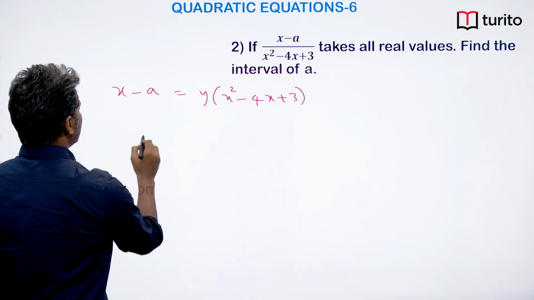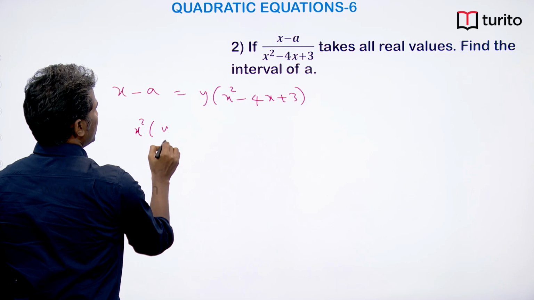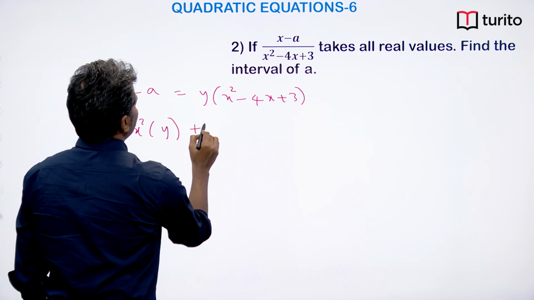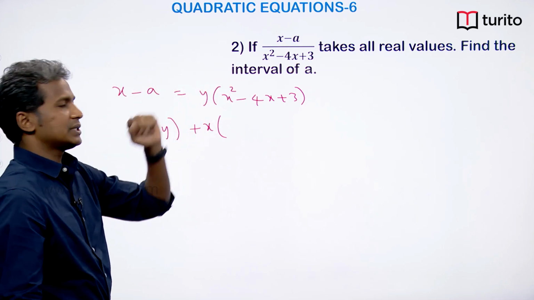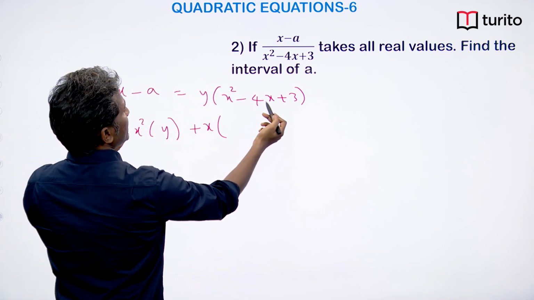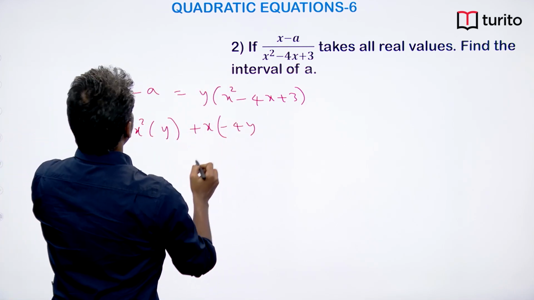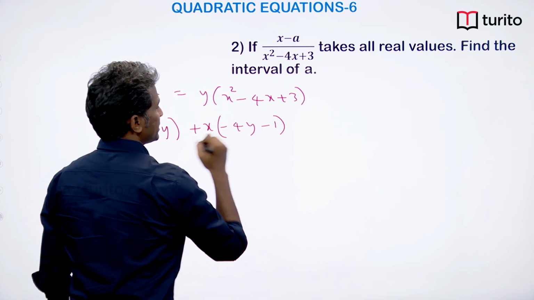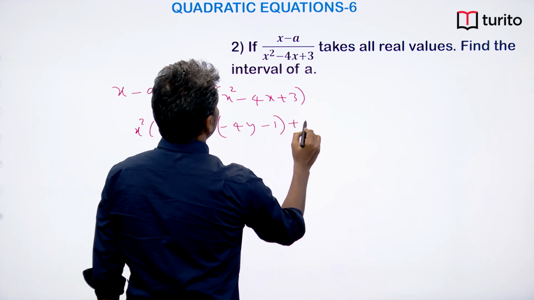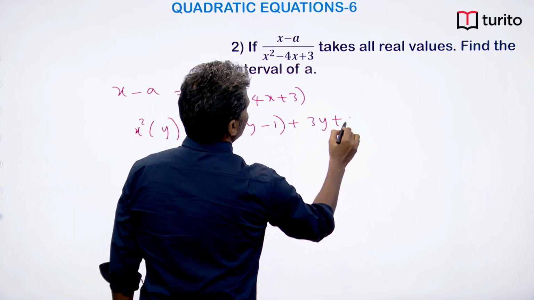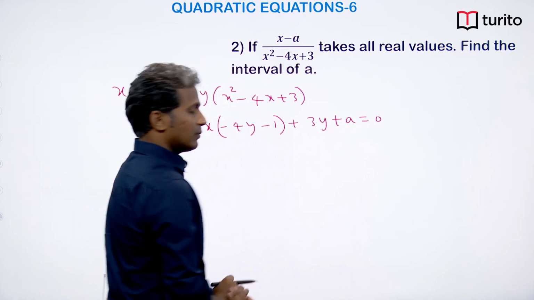When I simplify this, I get x square into y, and taking everything to the RHS, the coefficient of x is minus 4y minus 1, and the constant term becomes 3y plus a. This must be equal to 0.